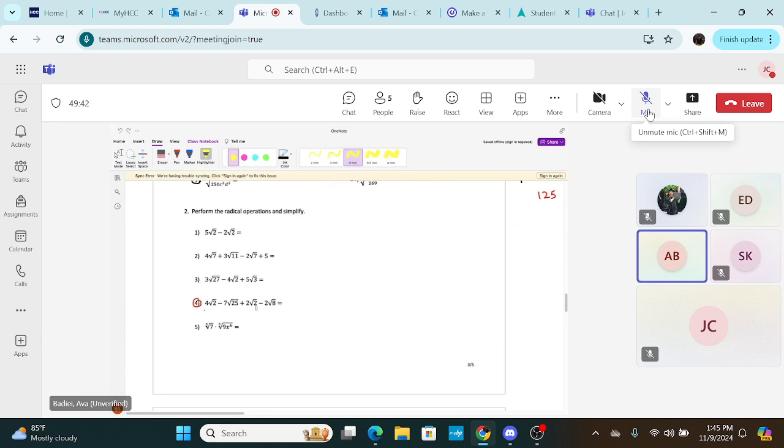So in this case, if I try to add or subtract, I can definitely add this one and this one. They are both a square root of 2. Can I add negative 7 square root of 25 with negative 2 square root of 8? No. Can someone tell me why?